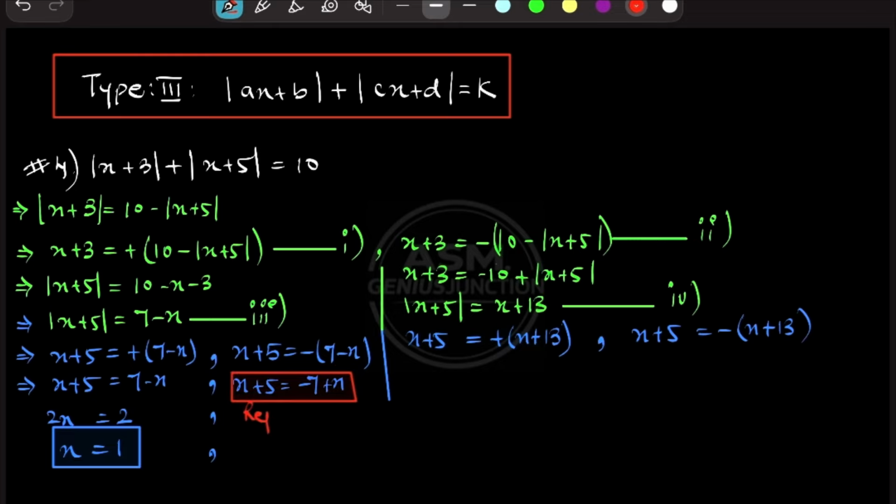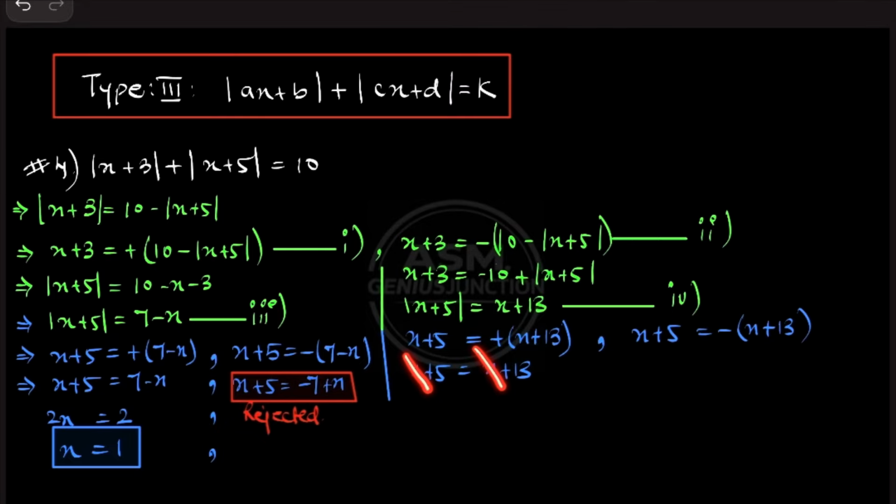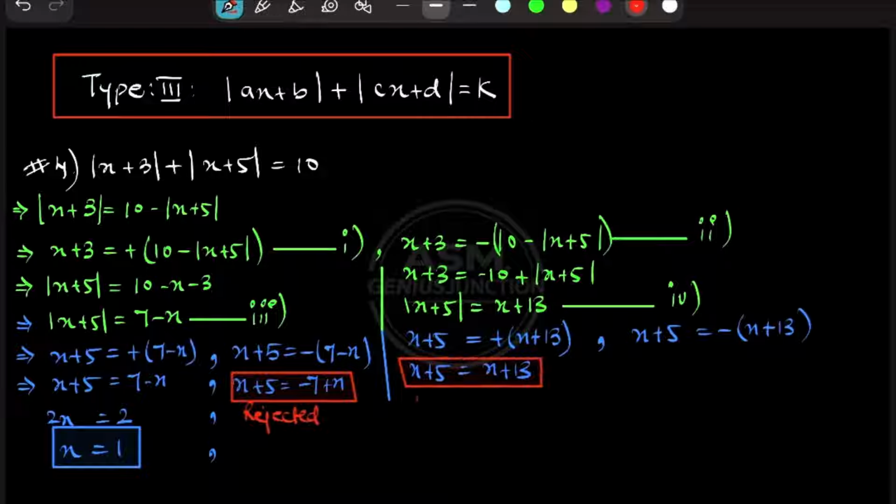I can write rejected. I hope you understood why I rejected this particular solution. Now let's move to the other side. x plus 5 equals x plus 13. Again in this equation you can see x and x are getting cancelled and 5 is not equal to 13. So this particular solution is also getting rejected. So here also I will write rejected.